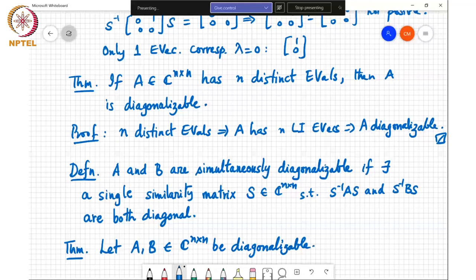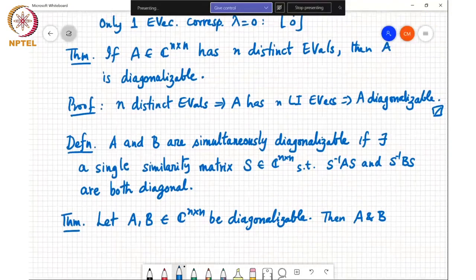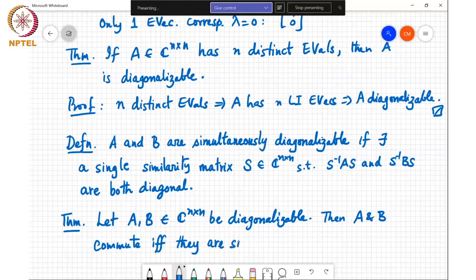Then A and B commute, that means AB equals BA, if and only if they are simultaneously diagonalizable.